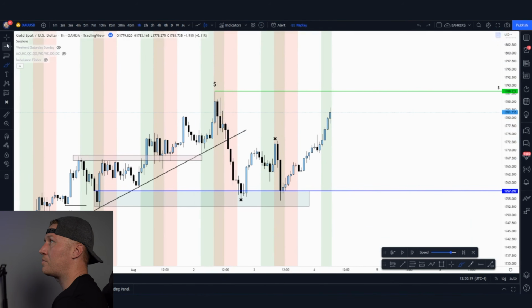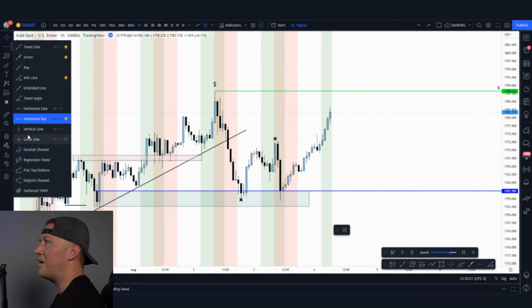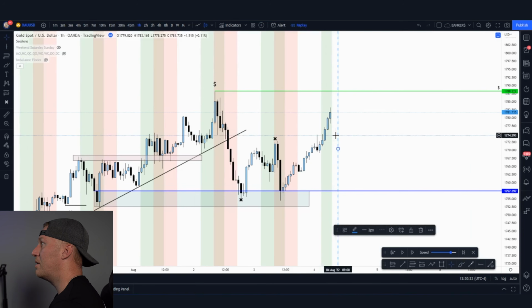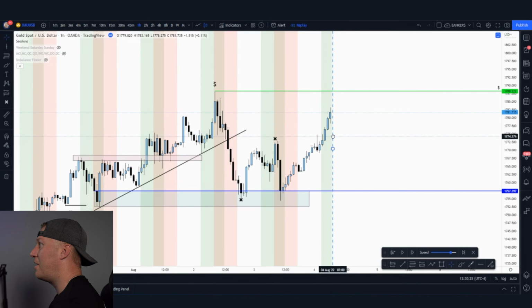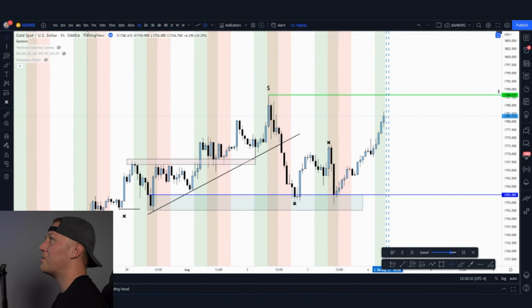Now at this point, I'm going to mark up. This is when I was in the office, right around 7. And this is 8 o'clock here. That's at New York Open. So at this point, what I'm doing is dropping down to lower time frames to see if I can find a pattern that will correlate with my idea here of price going for this high.